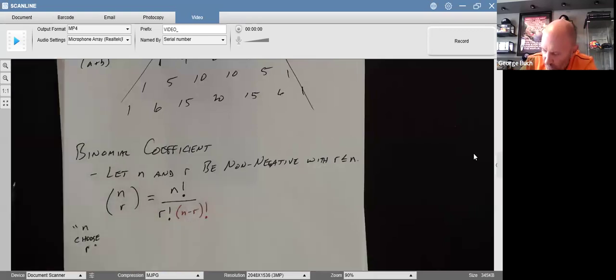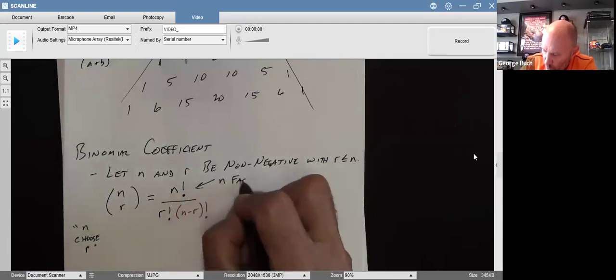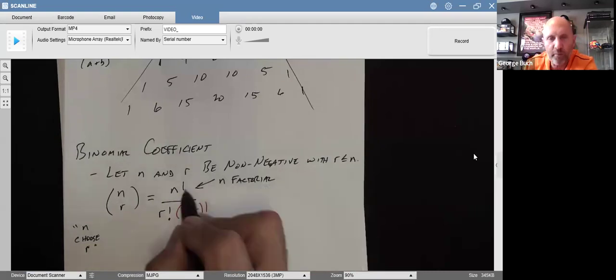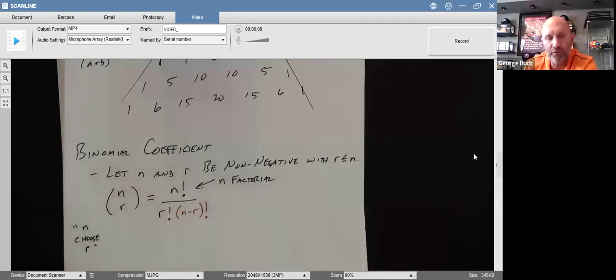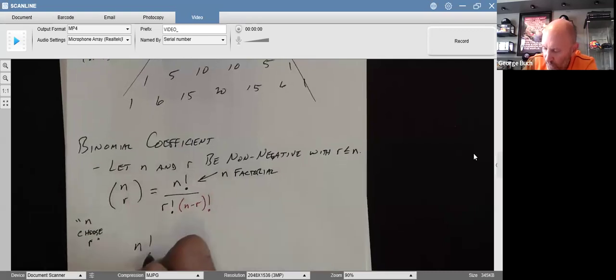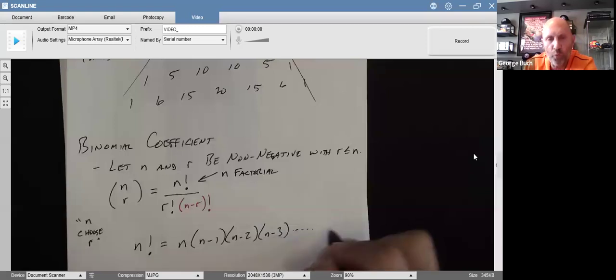And what this means and how we say this is n factorial. So when I have this exclamation point, that means factorial. And by definition, what n factorial means is n times n minus 1 times n minus 2, n minus 3, etc., until you get down to 1.